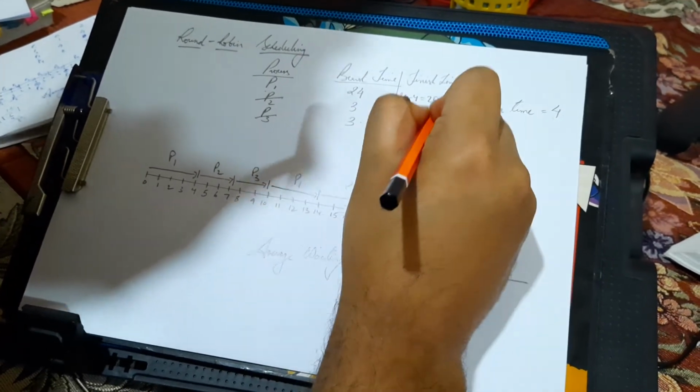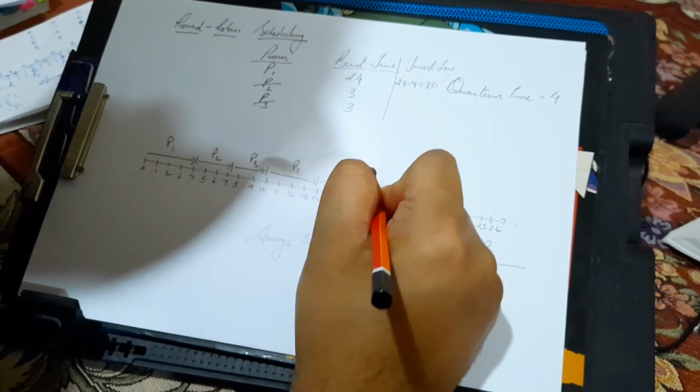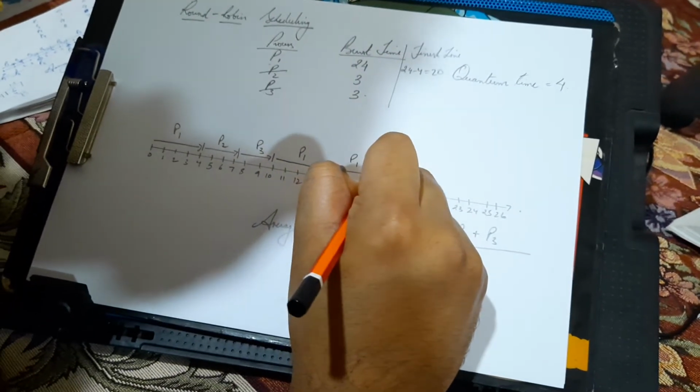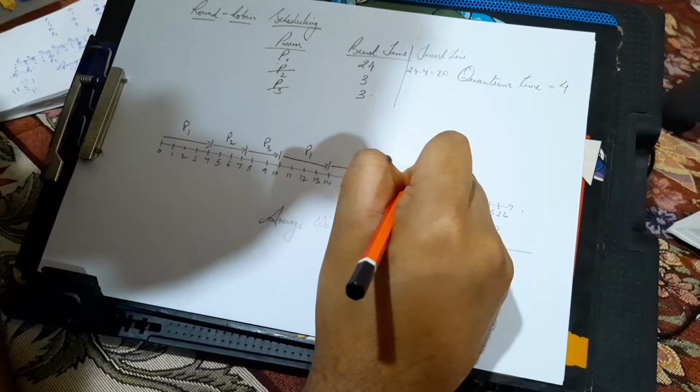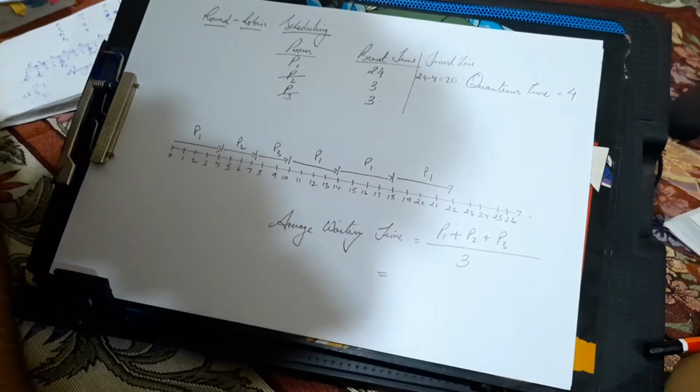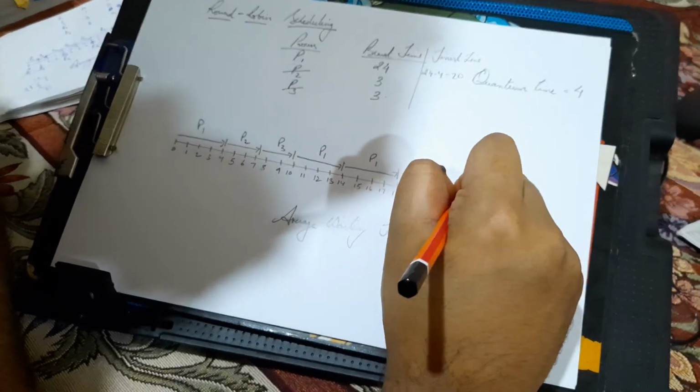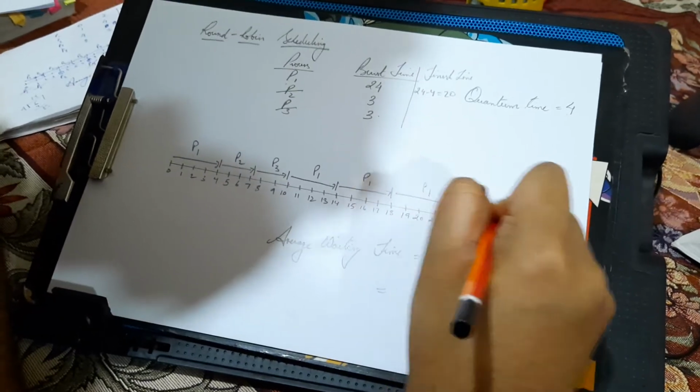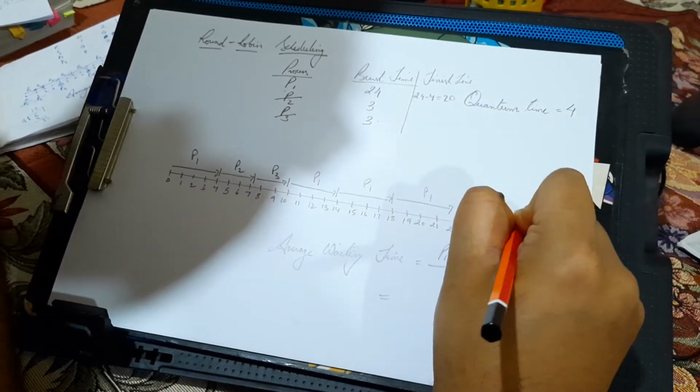Again, we keep on subtracting from this 20, and again it'll run 1, 2, 3, 4, and again 1, 2, 3, 4, and so on until P1 finishes.